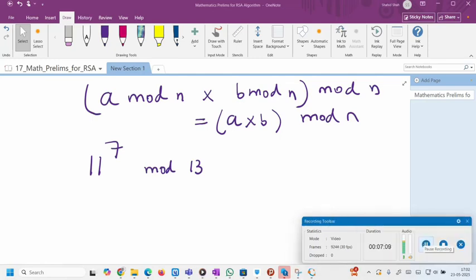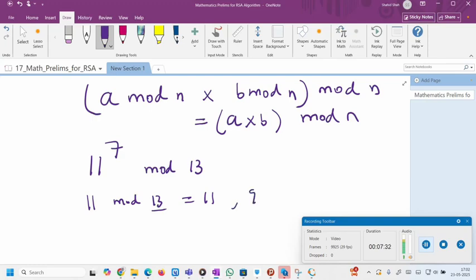First of all, 11 mod 13. We know that it is 11, because whenever the number with which we are dividing, 13, is larger than the dividend, the result is the number 11 itself, because the quotient here is actually 0.